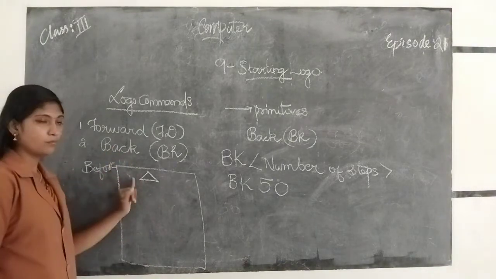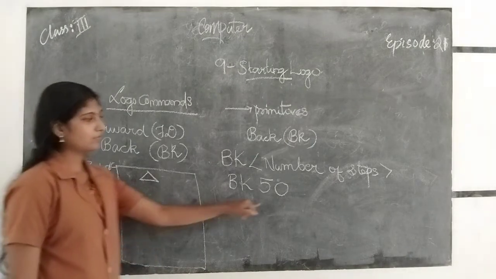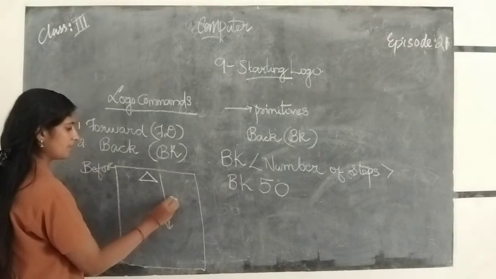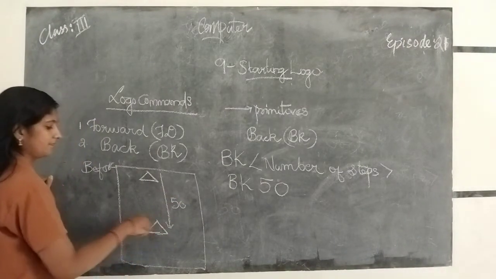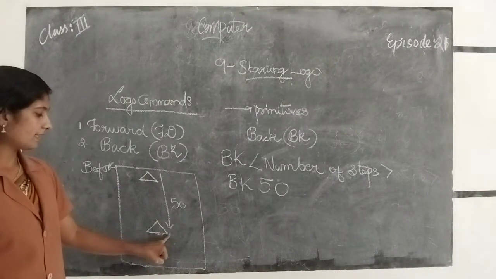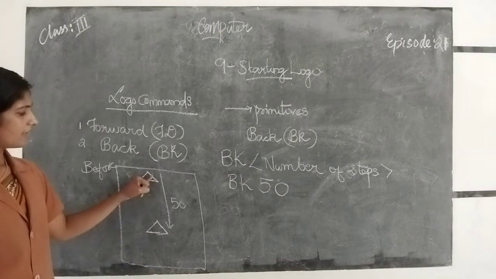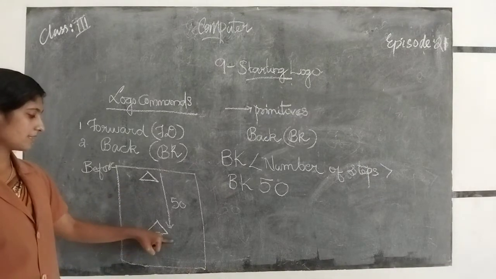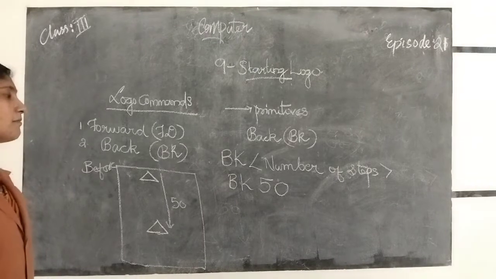It will move back by 50 steps. So just take, here are the 50 steps, and the output will be like this. The turtle moves in the backward direction and reaches around 50 steps from the original position and is placed here. So that is the second command, BK.